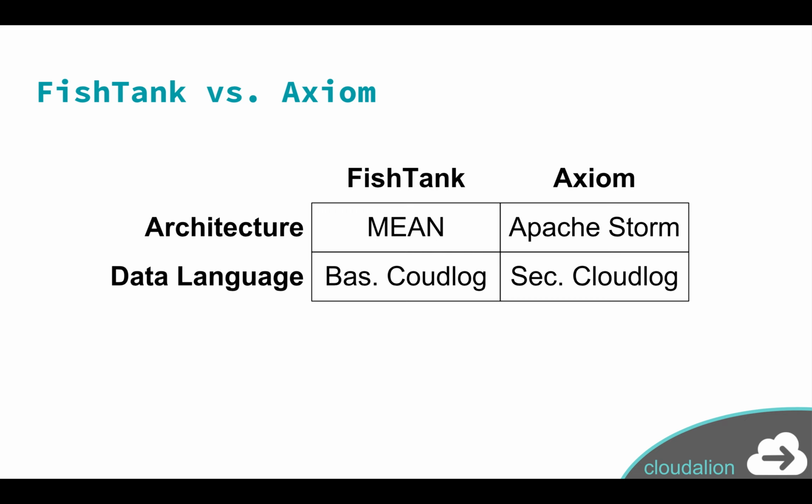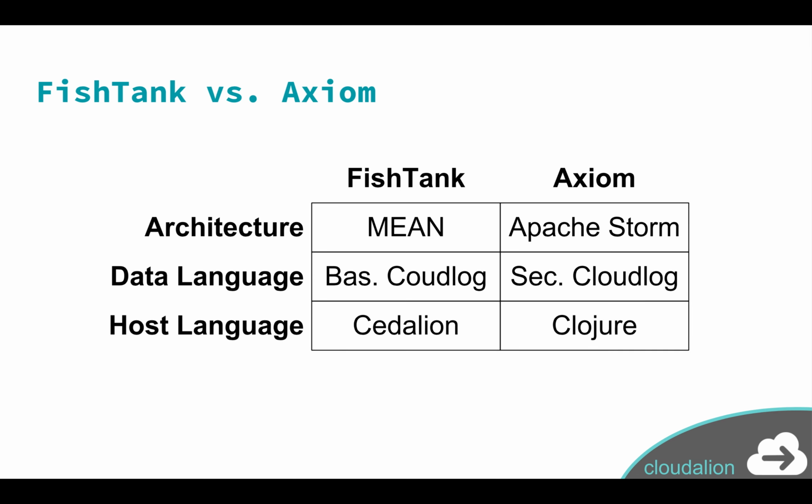They both implement a language named CloudLog, but FishTank implements its basic variant, and Axiom implements its secure variant, having both integrity and confidentiality as first-class citizens. And in both cases, CloudLog is implemented as an internal DSL over a host language.